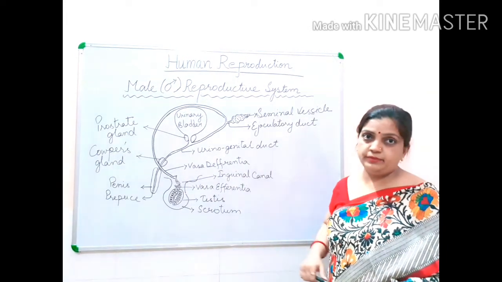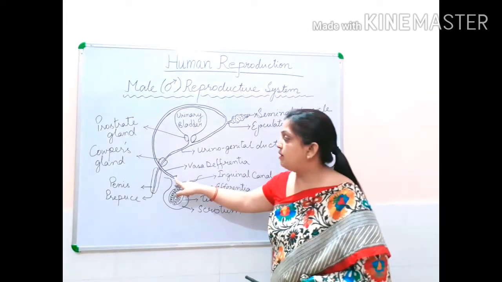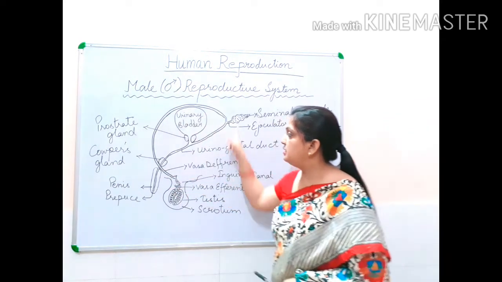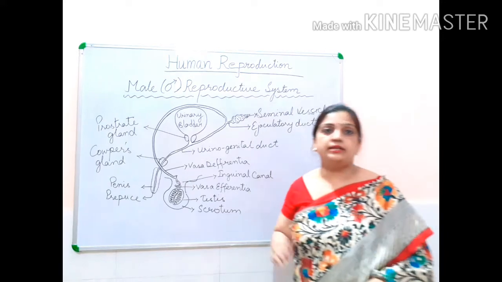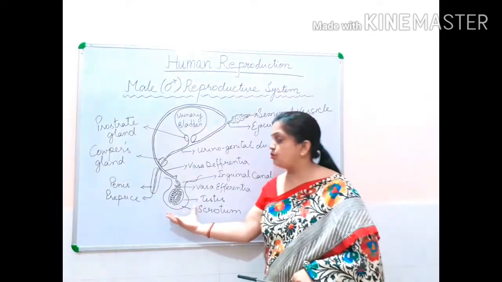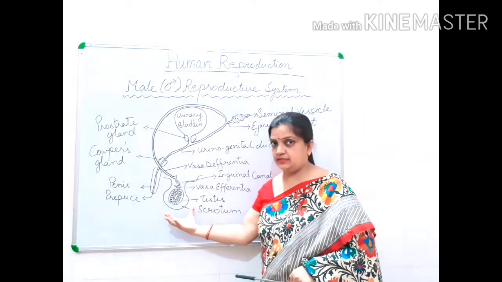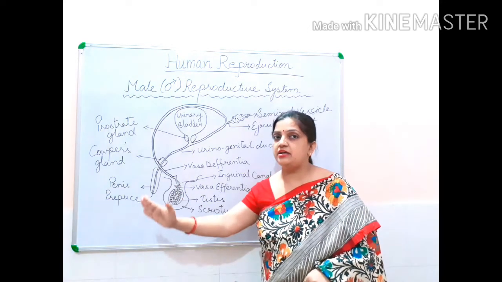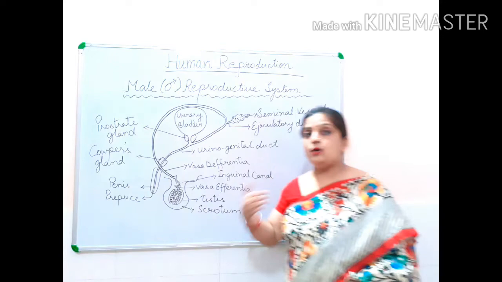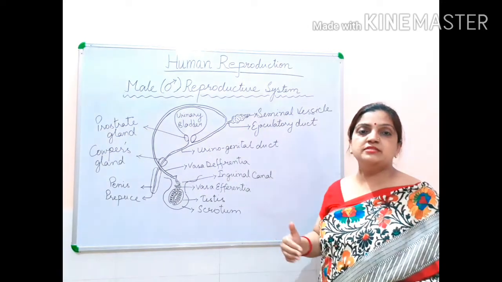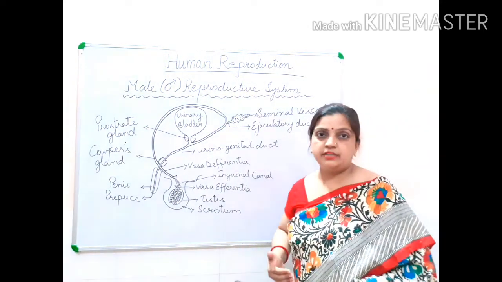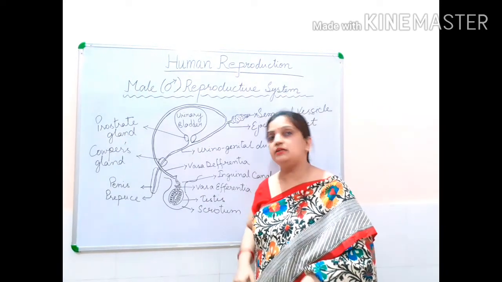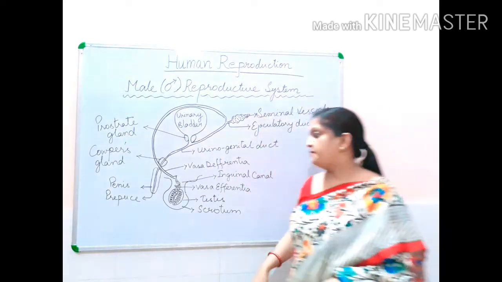Inside the abdominal cavity, the parts from vasa deferentia till the Cowper's gland are located. The scrotum is located extra-abdominally and the penis is an extra-abdominal part outside the body. Extra-abdominal means outside the body. These parts are externally located in the male reproductive system.